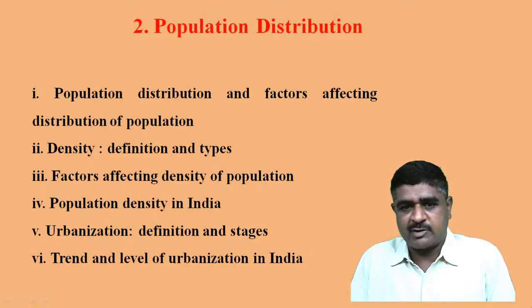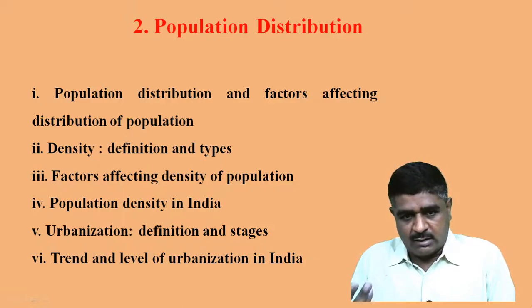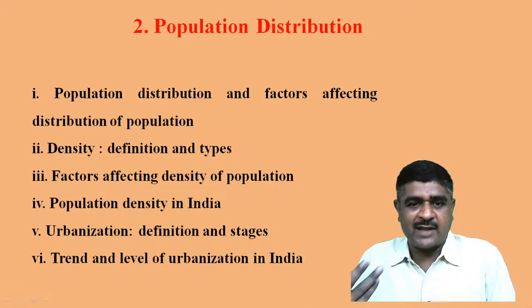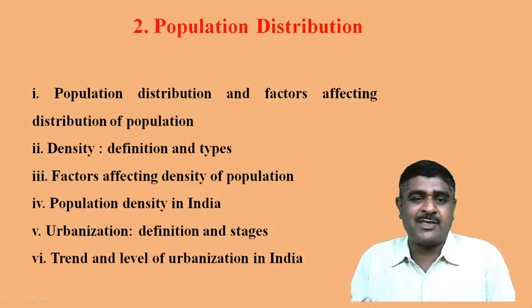Why? Because of the connectivity, because of the industrial development, because of the facilities and amenities. Those people residing in Ahmednagar city are enjoying a lot of facilities and amenities, and because of these, people are attracted to Ahmednagar city.